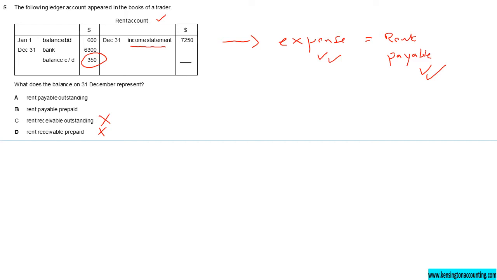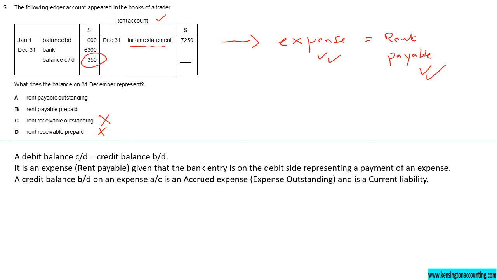Now, whether it is a prepaid or outstanding. Now, the balance carried down on the debit side represents a credit balance brought down. Now, a credit balance brought down means it is a liability.